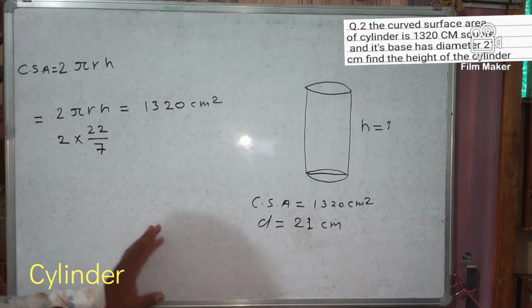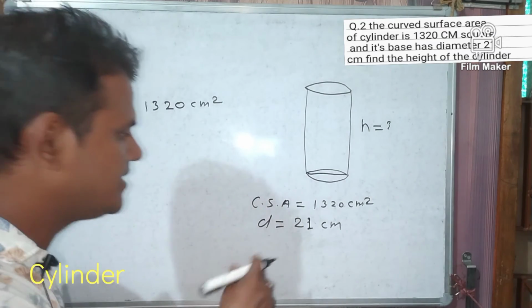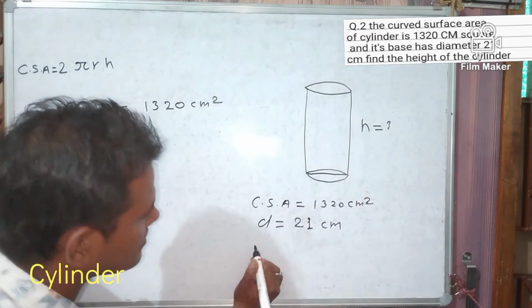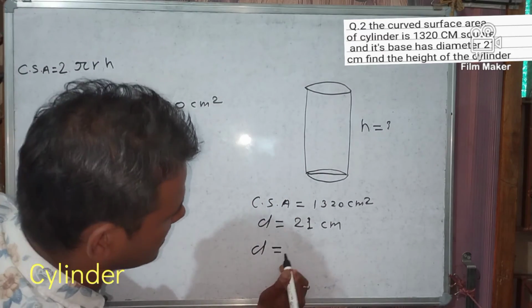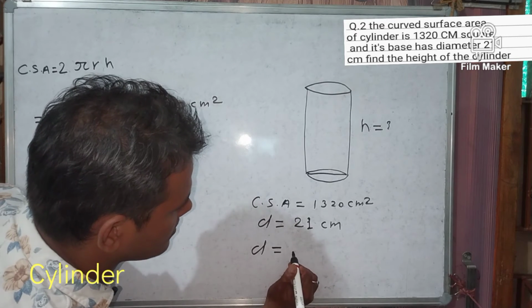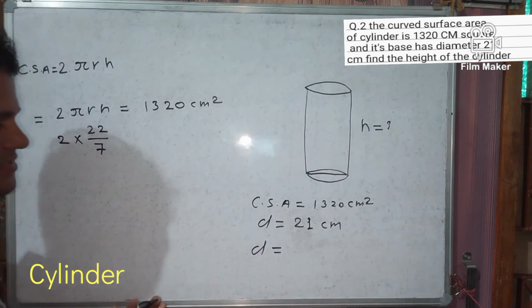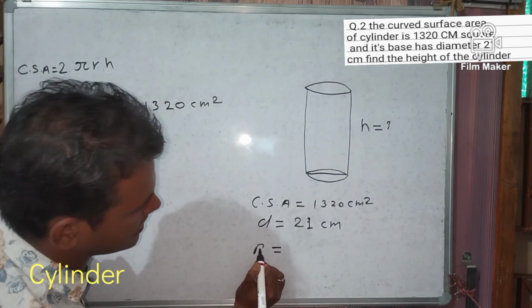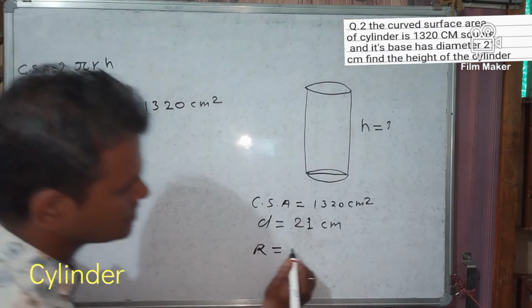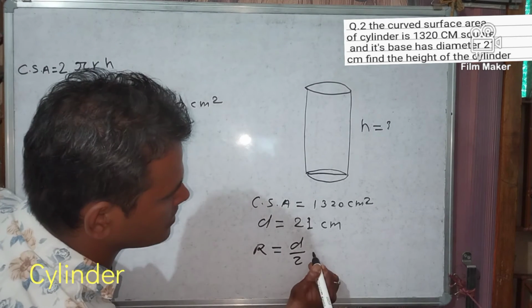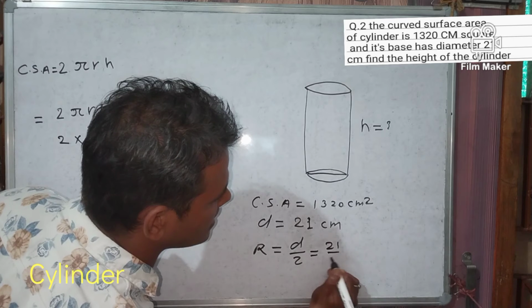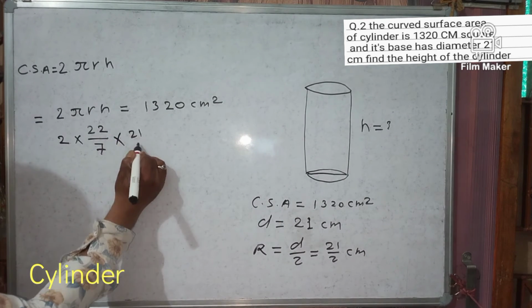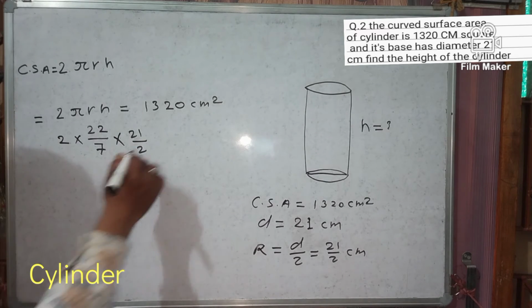Radius is not given directly, but diameter is given 21 centimeter. So radius is just half of diameter, so diameter by 2 equals 21 by 2 centimeter.